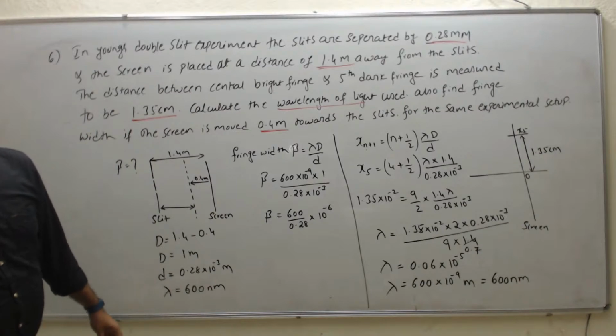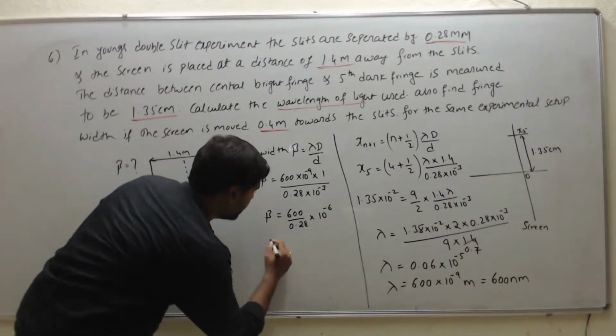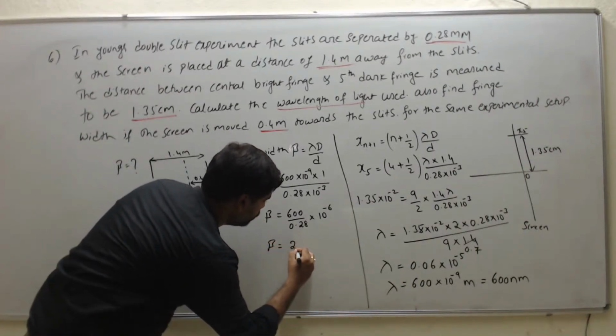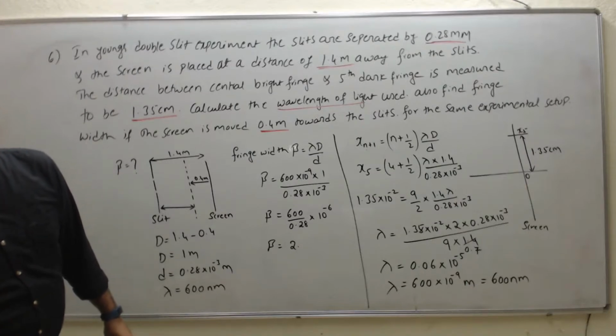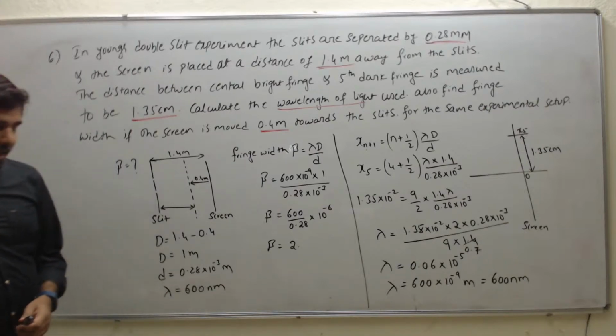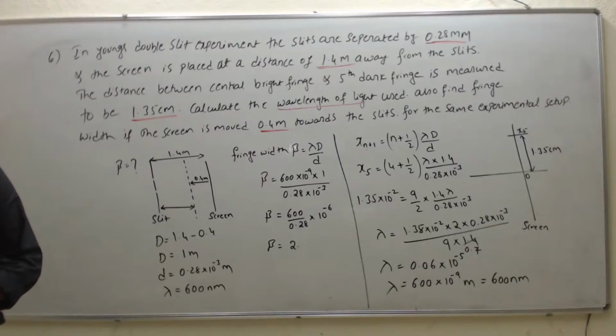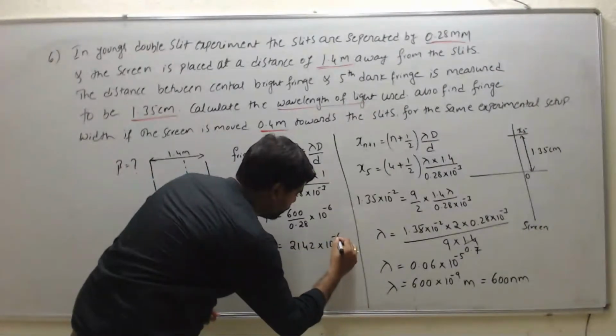So how much is that? If we simplify by using the calculator, we get beta is equals to, the value 600 divided by 0.28, 2142, that is 2142 into 10 to the power of minus 6.